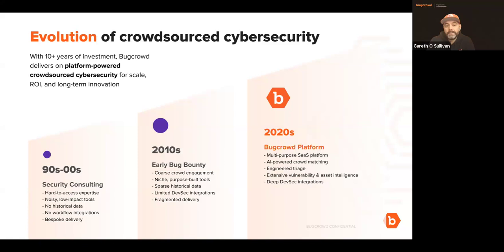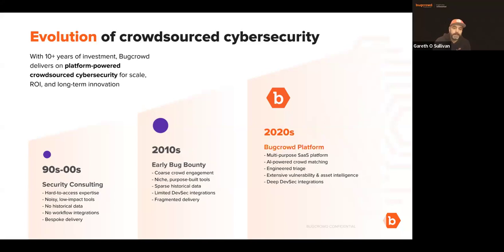Moving into the 2020s, it's much better, with capabilities built into the platform. Bugcrowd itself has a multi-purpose SaaS platform that we talked about. There's AI-powered crowd matching, engineered triage, and extensive vulnerability and asset intelligence built into the platform.